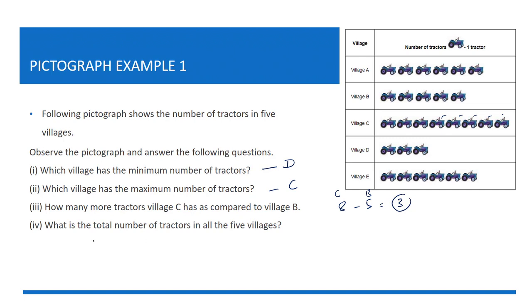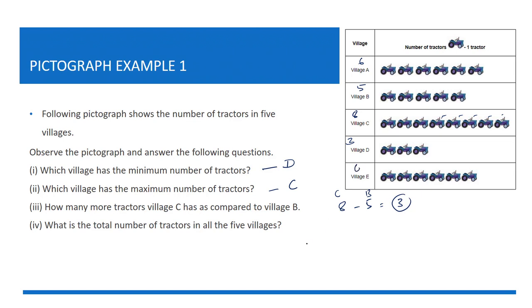Then let us answer the fourth question. What is the total number of tractors in all 5 villages? We have already found village C has 8, village B 1, 2, 3, 4, 5. Correct. Village A 1, 2, 3, 4, 5, 6, right. Village D has 3, village E 1, 2, 3, 4, 5, 6.